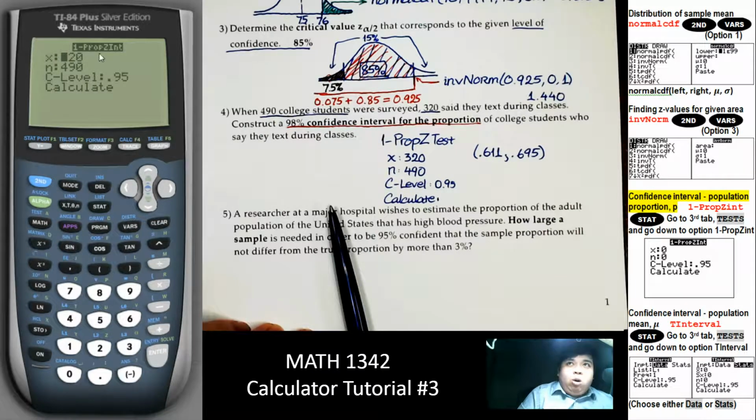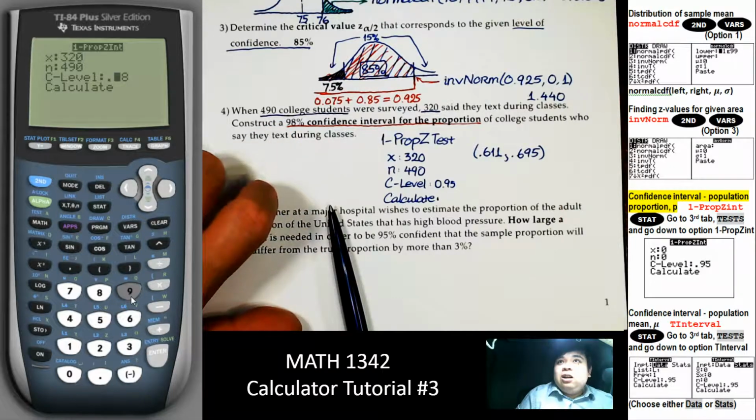Again, one proportion z interval, that is 98, sorry.